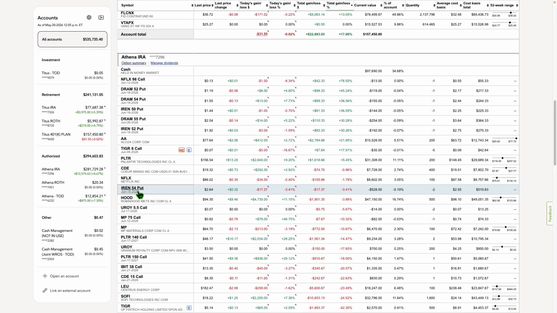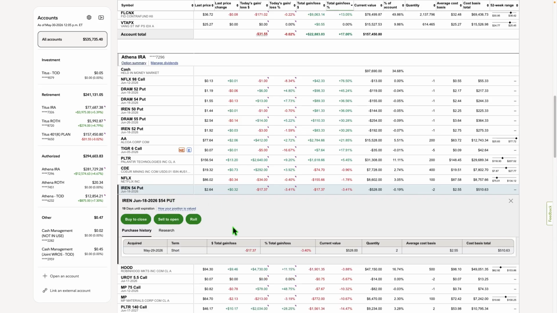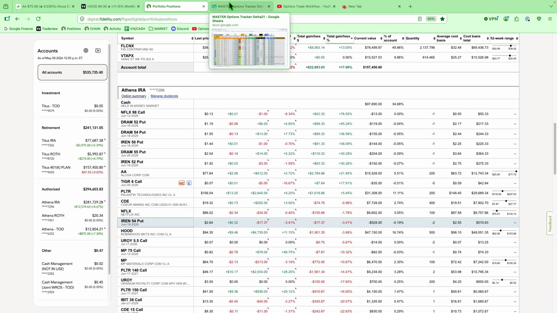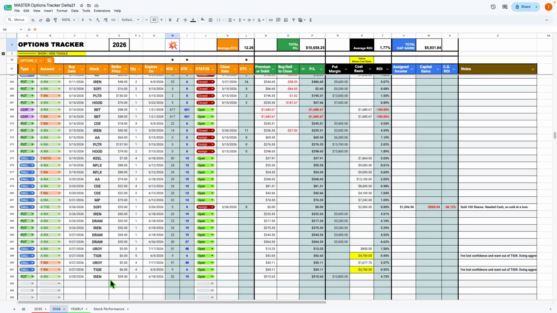Grabbed it yesterday, and here is that trade. And I could click on it, and it shows here that it is acquired May 29th, yesterday, and that's to show y'all that these are my actual trades getting put into the spreadsheet.